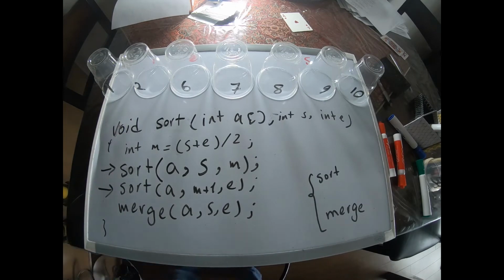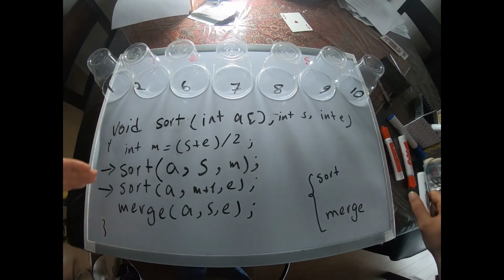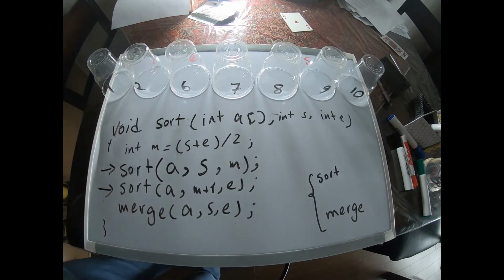Of course, this is missing a base case, right? If we write the function like this, there is no stopping criteria. So it's going to be a stack overflow. It would call this function infinite times until we run out of memory.